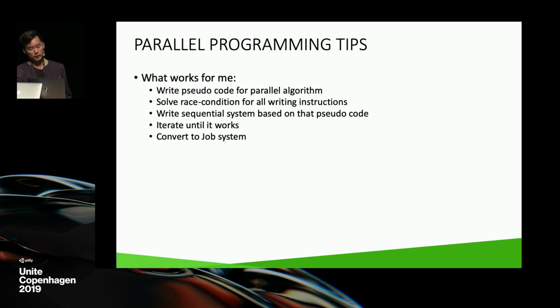And here, a new problem would occur. Some of the race conditions that you missed in the pseudocode design process will show up here. So basically what I do is after I convert it to a job system, I let it run for a long amount of time, and after, let's say, 5 minutes, weird things start to happen because of race condition.